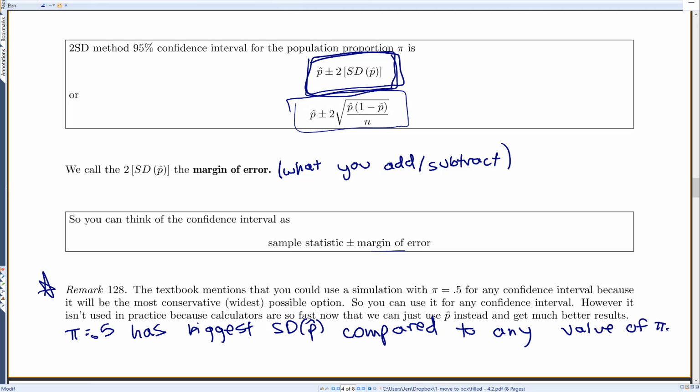So when you're reading a textbook, it'll say, oh, a population proportion of 0.5 has the biggest possible standard deviation.